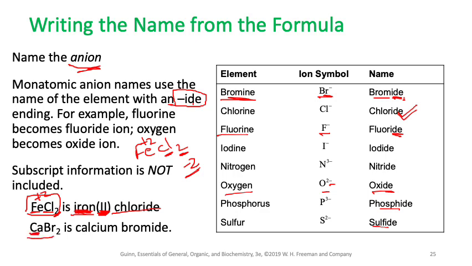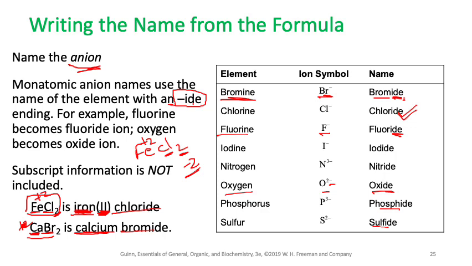The time I see calcium, I know it belongs to the 2nd group. It always has a constant charge of +2, right? So that's why we are not writing any Roman numerals. So Ca is calcium, the name of the metal. Then bromine is bromide, so the name is calcium bromide. So we are not writing 2 bromide, 3 bromide, just the name of the metal and non-metal only. So this is how you normally name it.